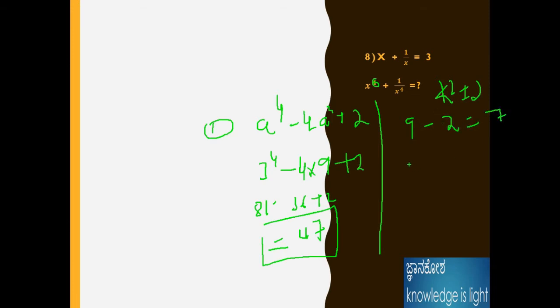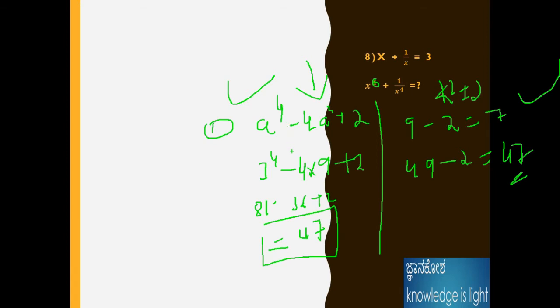Again we need to do the same second time. 7 square is 49. 49 minus 2 is 47. Either you can apply this formula or else this logic. The answer should be the same, but you need to be aware, if you know the logic for the square only, we can easily solve. If you know the formula, definitely you can solve by this method as well.